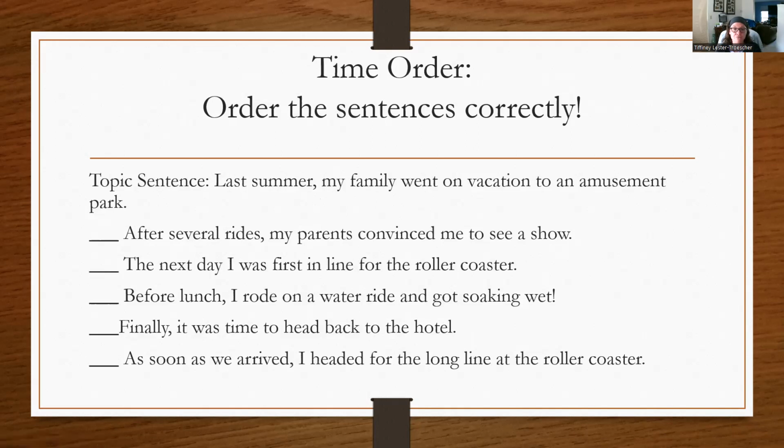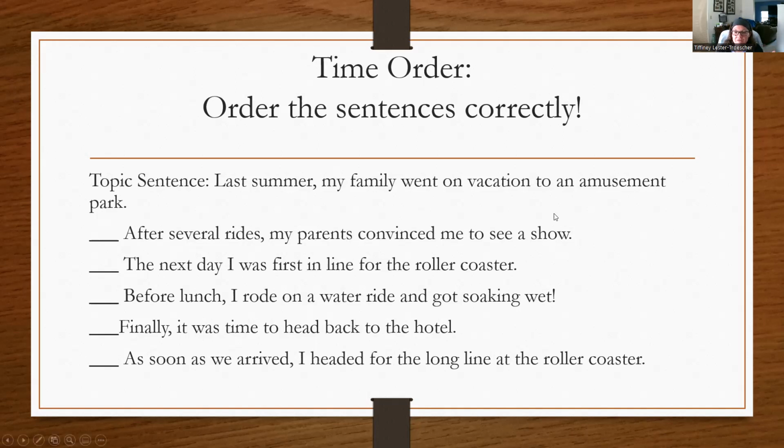We have to use the clues and a little bit of logic and common sense to figure out what the order should be, right? So there might be some words and phrases, some transitions that will help us figure out the order. And then part of it, again, is using just a little bit of common sense and really thinking about how all of these ideas fit together.